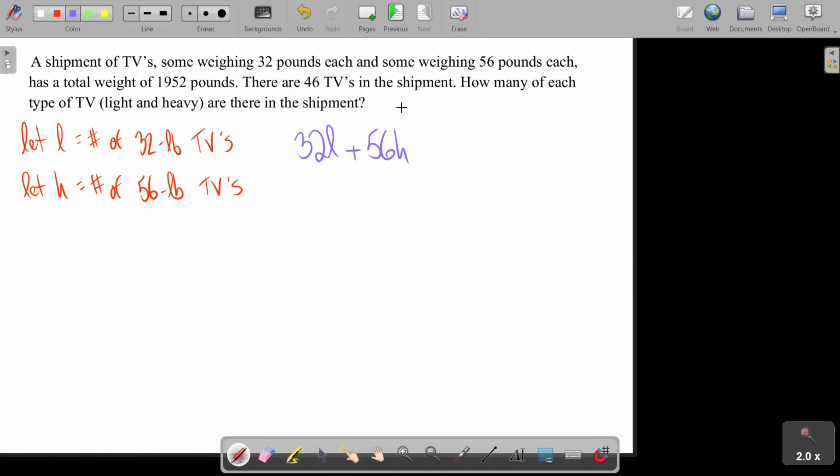It's a simple explanation. If there's like five of those and you want to know how much those five TVs weigh, well, do 56 pounds times five. Makes perfect sense. So the weight of that portion of the shipment plus the weight of that portion of the shipment equals the total weight of the shipment.